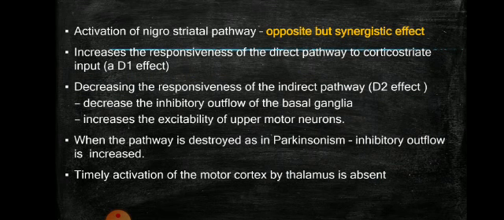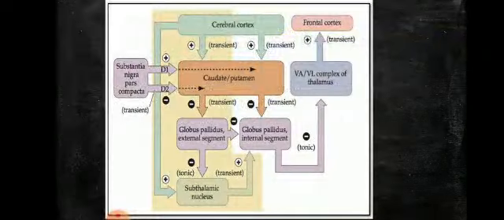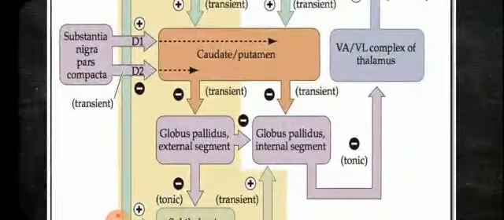Timely activation of the motor cortex by the thalamus will be absent when the nigrostriatal pathway gets damaged. So, this is what happens. The substantia nigra pars compacta, the fibers, D1, D2. D1 is excitatory, D2 you can see a minus sign. So, there is a damage there.